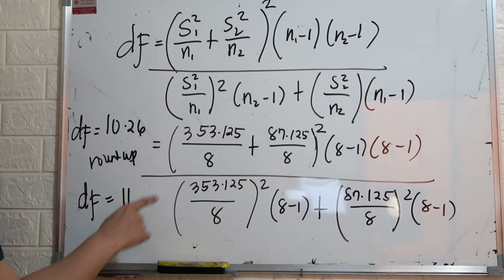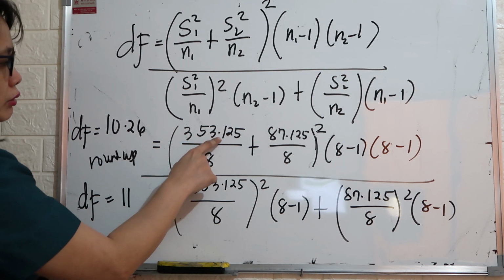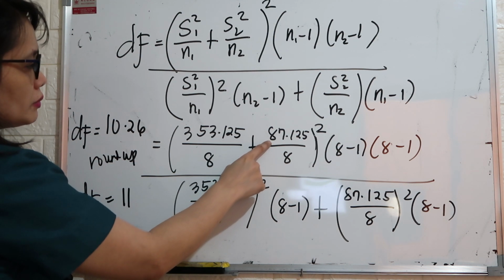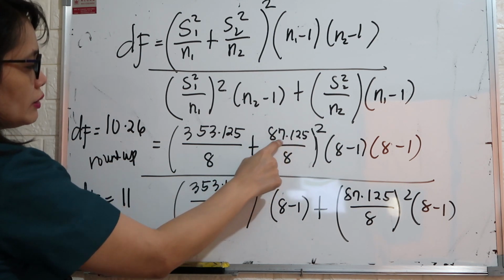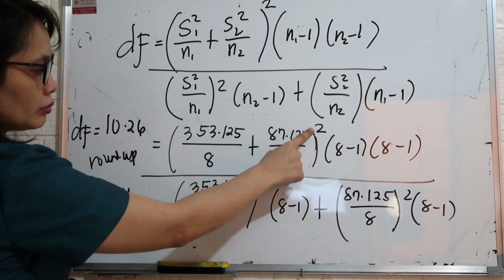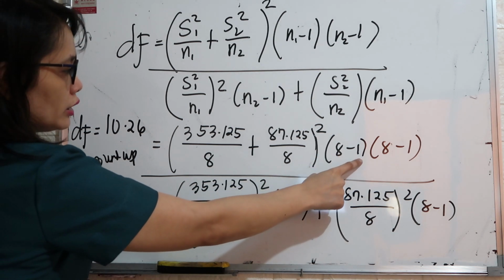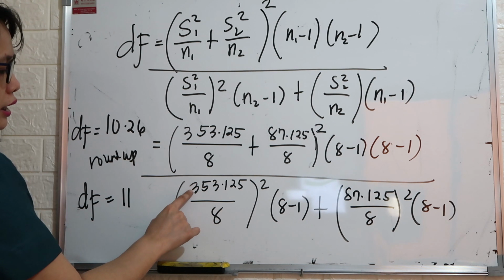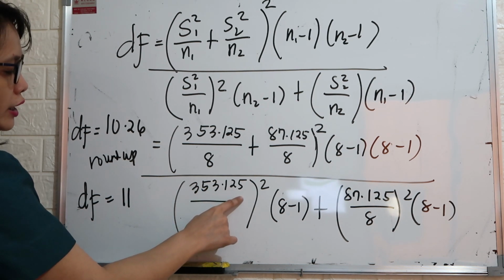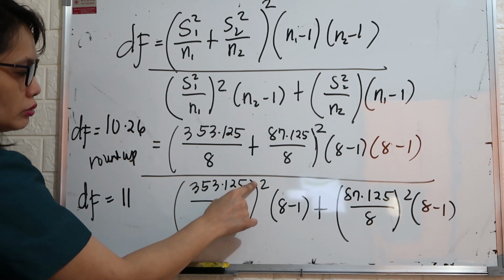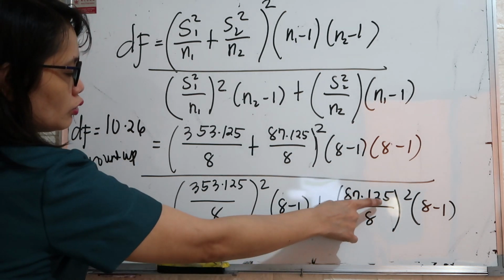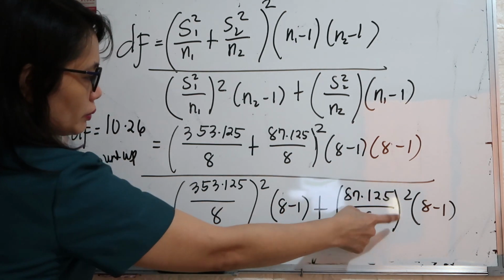So we have 353.125 divided by 8 plus 87.125 divided by 8 raised to 2 multiplied by 8 minus 1 times 8 minus 1, all over 353.125 divided by 8 raised to 2 multiplied by 8 minus 1 plus 87.125 divided by 8 raised to 2 multiplied by 8 minus 1.